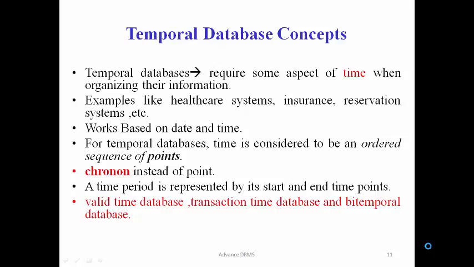Instead of time, if you take the transaction as a point in the database, then it is referred to as a transaction time database. Here, in transaction time databases, at what time, what type of transactions are executed, how they are executed, and the transaction IDs for each transaction are stored separately in a database. And bitemporal databases consist of both valid time databases as well as transaction time databases.